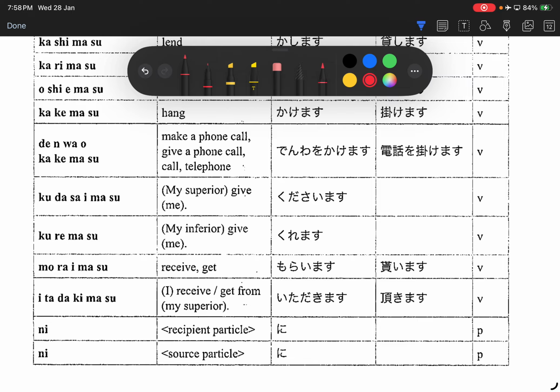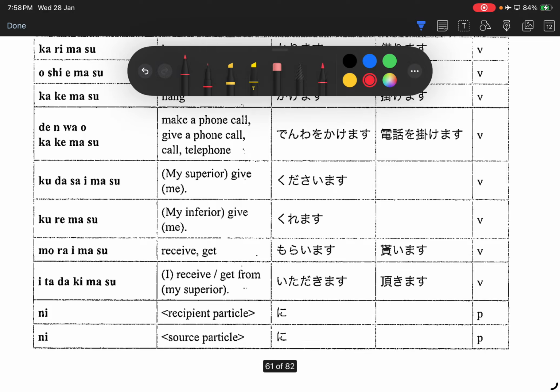So there is still a to and from. So there's a direction of receiving or giving. Then we have 2 particles here, ni. Ni has 2 meanings here. It can be the recipient particle, it can be the source particle. Previously we learned ni as the time particle. So now we have 2 new meanings for ni.